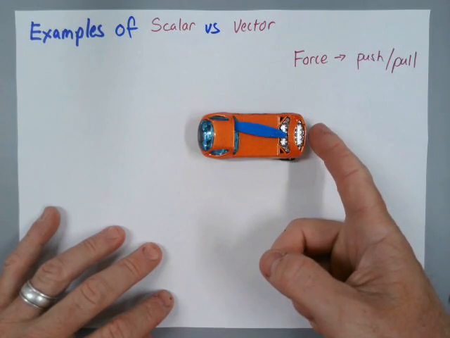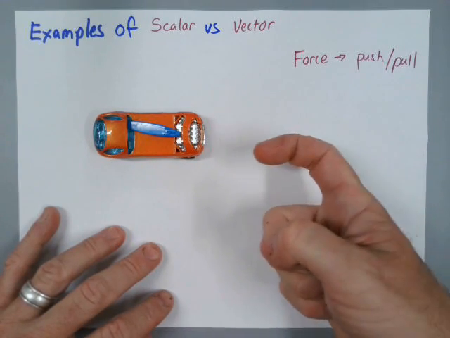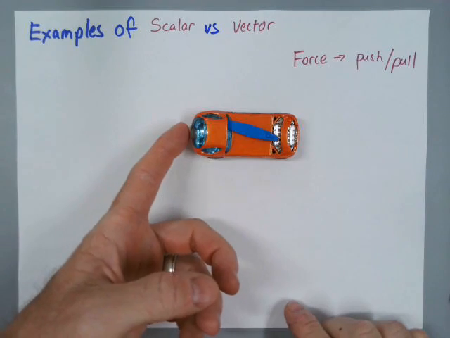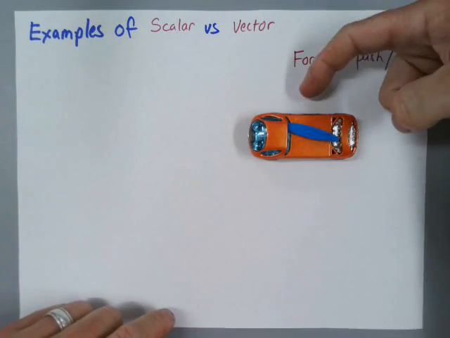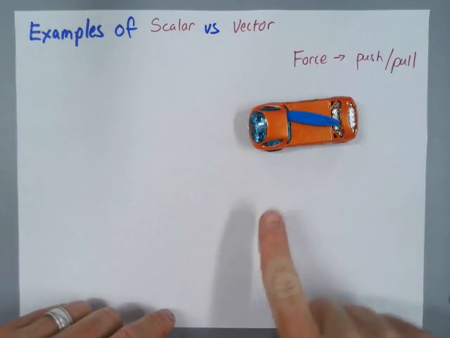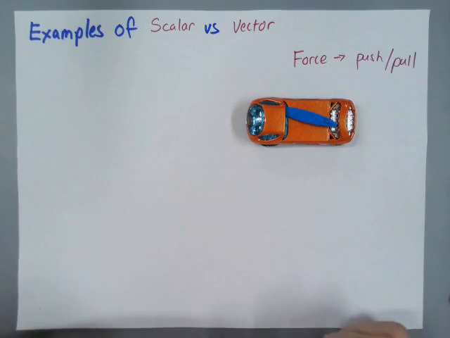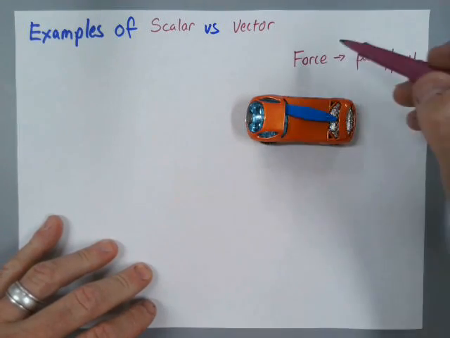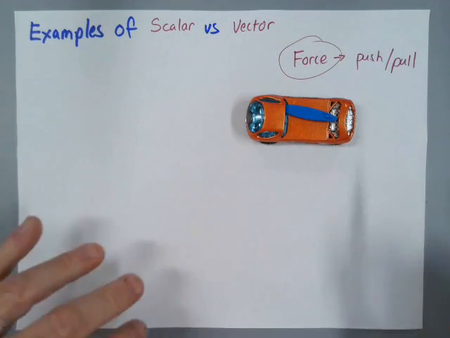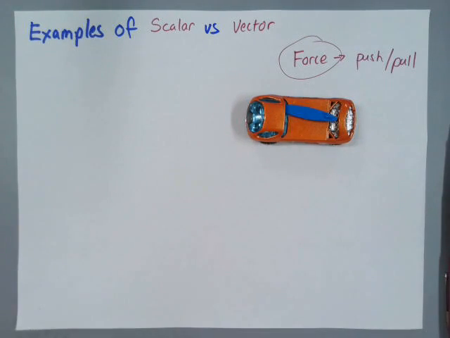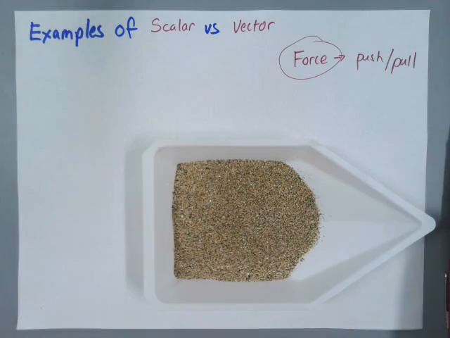You have to push a certain way. You have to push that direction, or I can push this direction, or that direction. In order to push or pull, you must apply a direction. You just can't push or pull and not push in the direction. Therefore, force is very definitely a vector quantity because it happens in a certain direction.